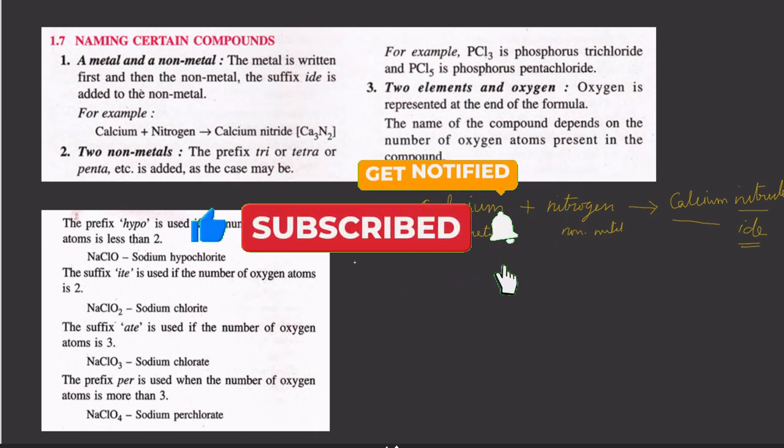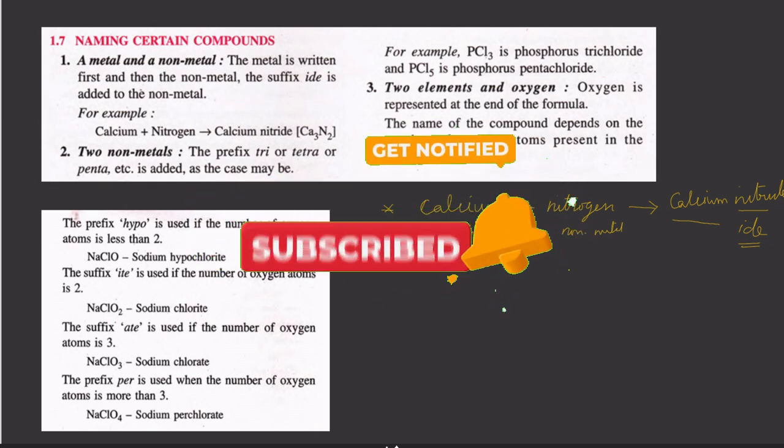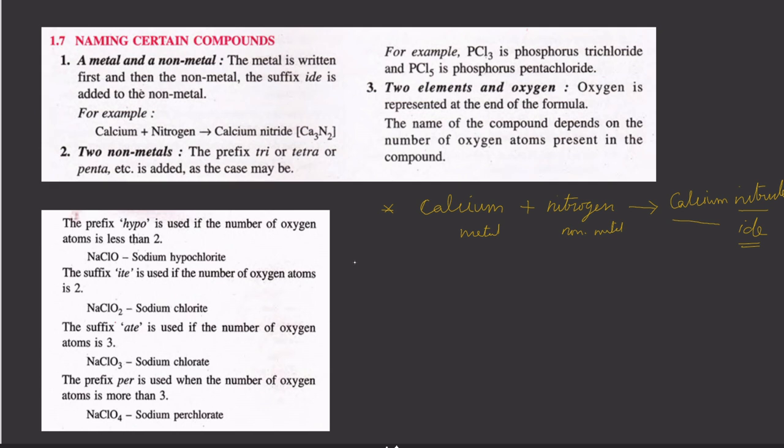Second, if two non-metals are reacting together, what happens? For example, phosphorus is a non-metal.